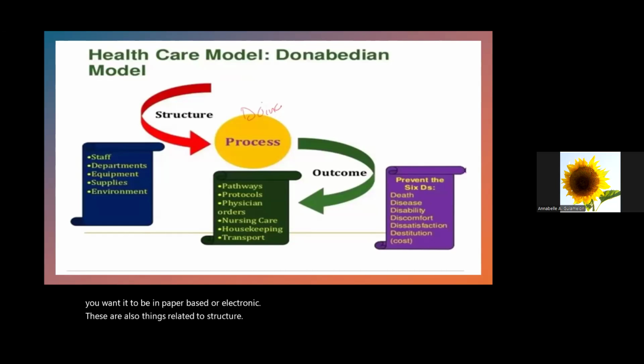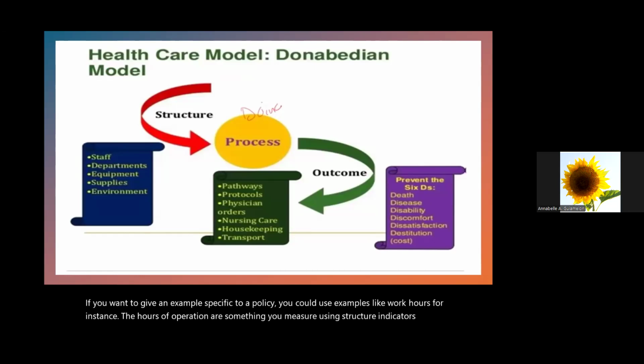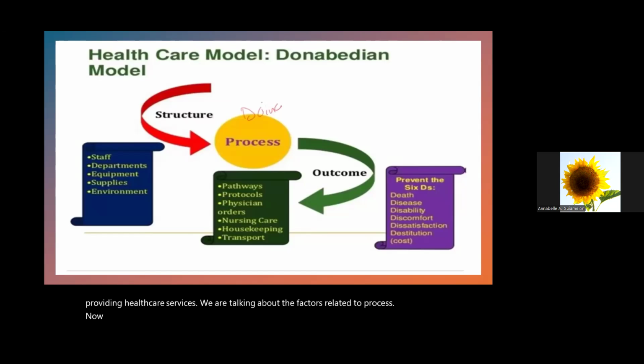If you want to give an example specific to a policy, you could use examples like work hours. For instance, the hours of operation are something you measure using structure indicators. When providing healthcare services, we are talking about the factors related to process. Now, process is considered to include any action you perform.